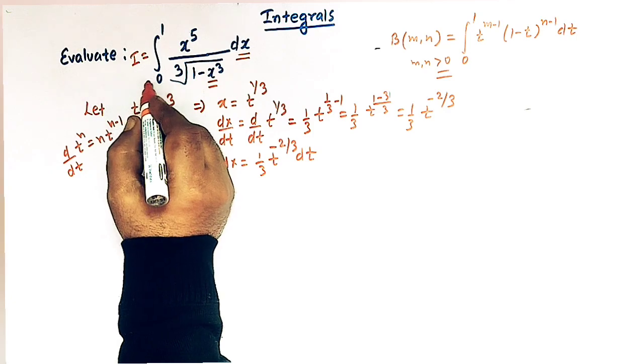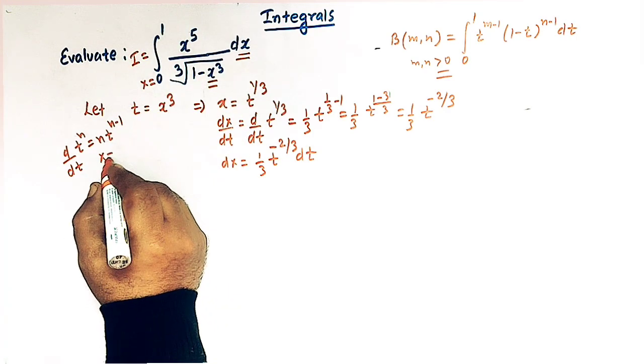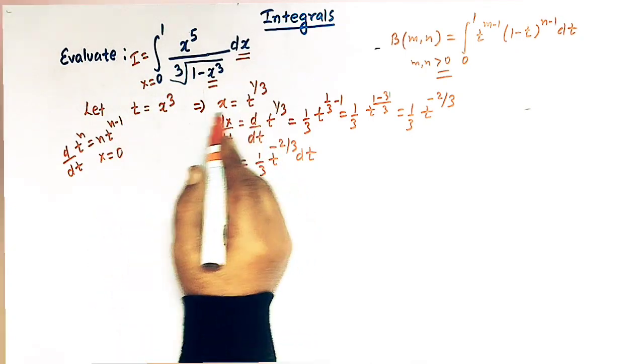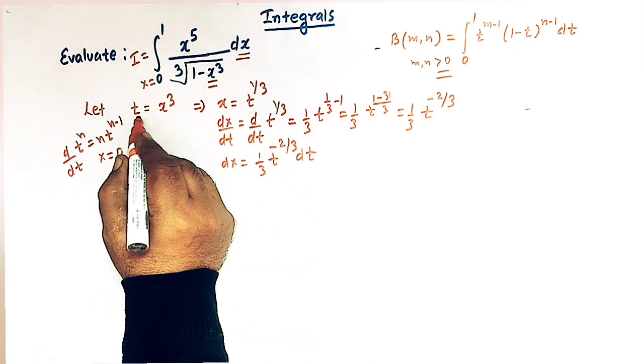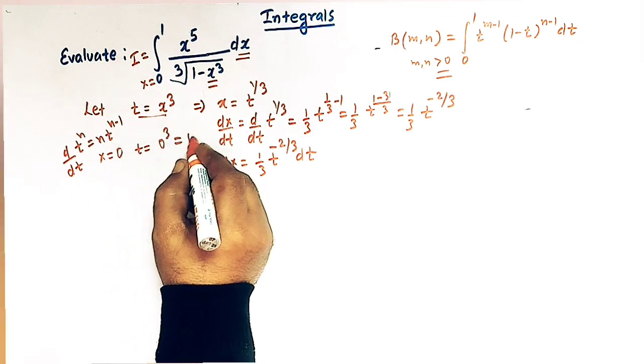Now the limits of integration vary from 0 to 1. When x is equal to 0, the lower limit, t is equal to 0 cube, that is 0.